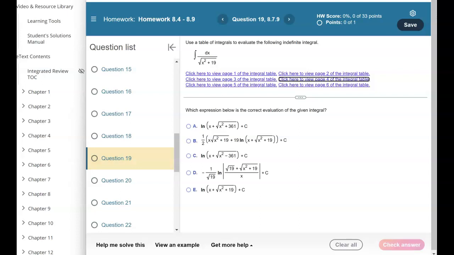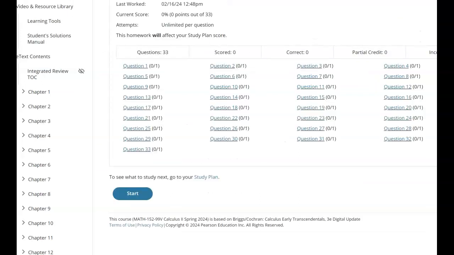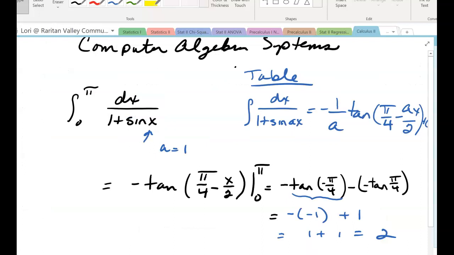So some of these are very quick, even though it looks like a lot of problems. All right. Get out of here, go back to where I was. So that's it for your 8.7, these other methods. You've already kind of been using the computer algebra systems along the way. And you do have access to a 108 integral table, okay?